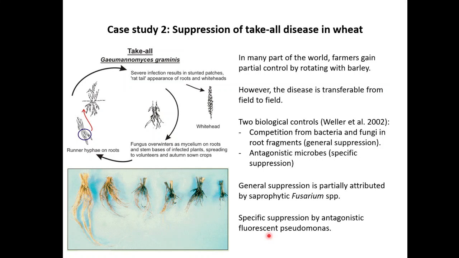This is an antibiotic synthesized by the Pseudomonas that live in the rhizosphere and is effective at reducing the growth of the take-all pathogen. So this is a clear example of specific suppression by Pseudomonas fluorescens. So this is for the take-all disease in wheat.